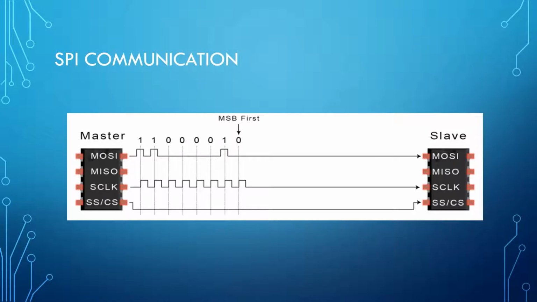The next slide is about the communication protocol, meaning how the communication starts between master and slave. First of all, the clock will start. The slave select pin is active low, which means when the slave select pin goes low, a connection is set up between master and slave.